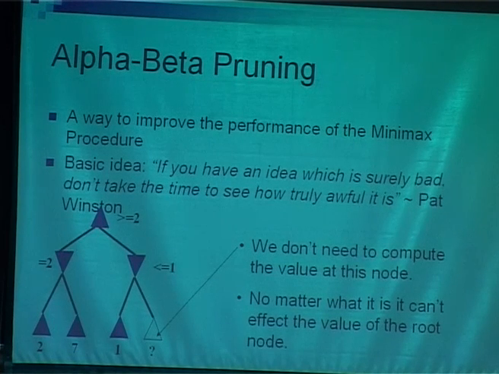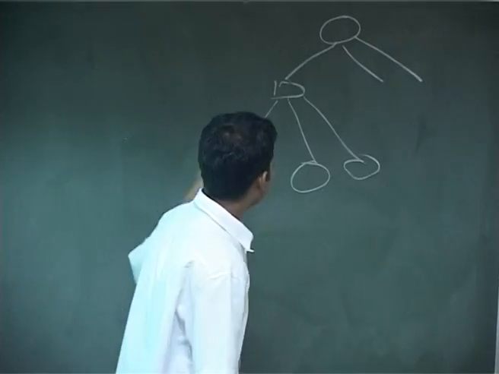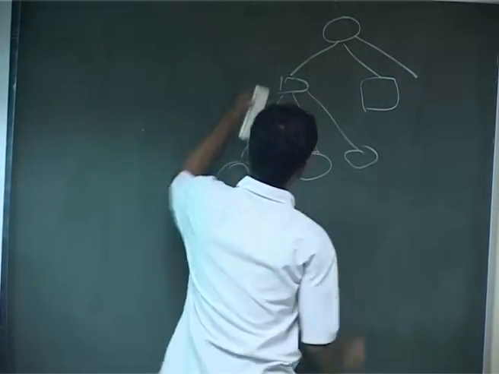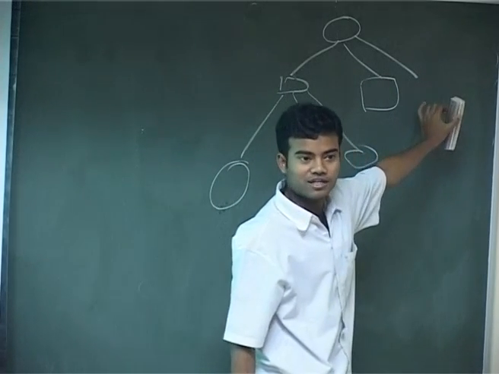So what we did in alpha-beta pruning: if you know that this node is the maximum value, then we need not calculate all those other nodes. And if you know that this node is the minimum, then we need not calculate all the other nodes.